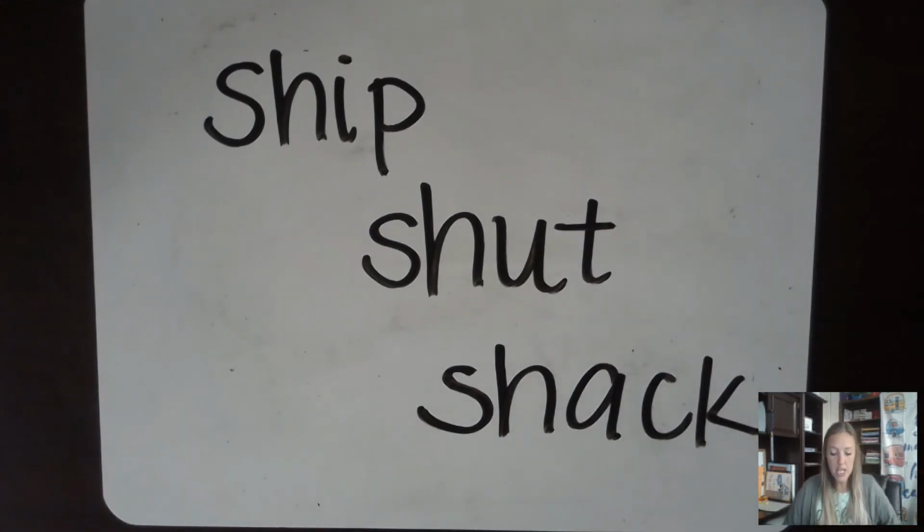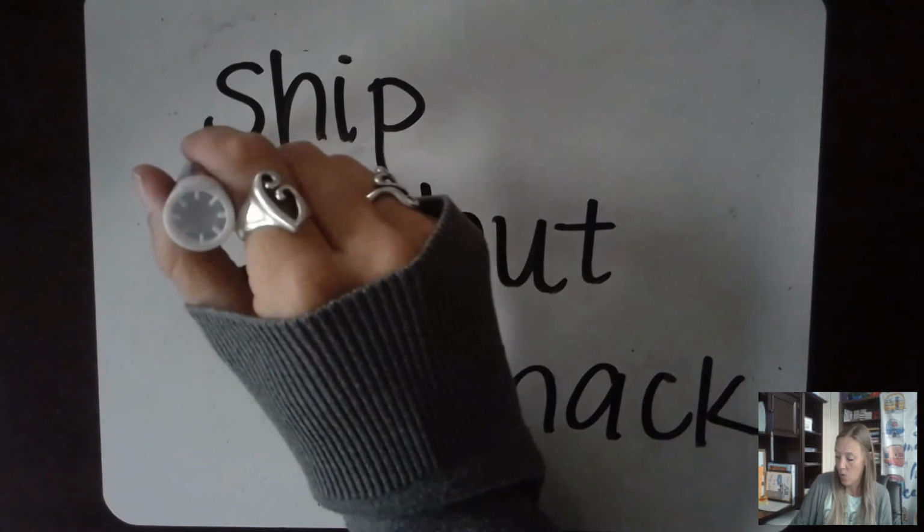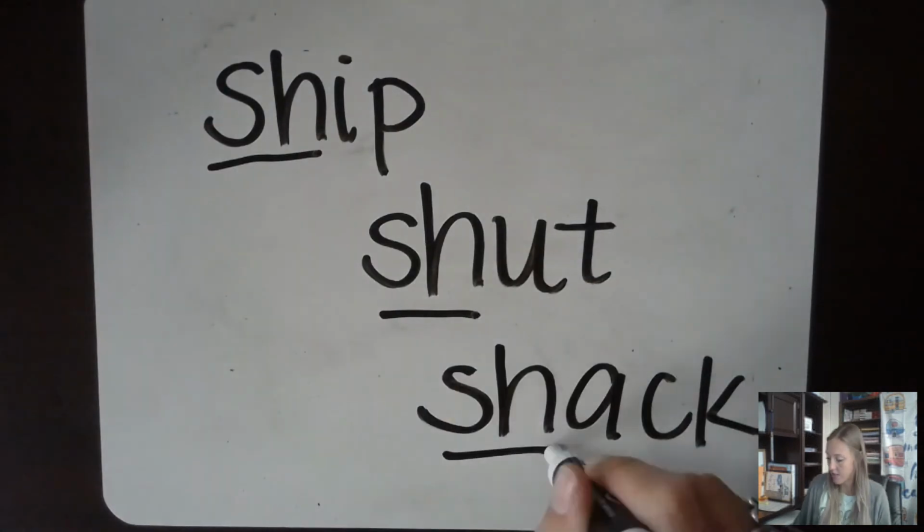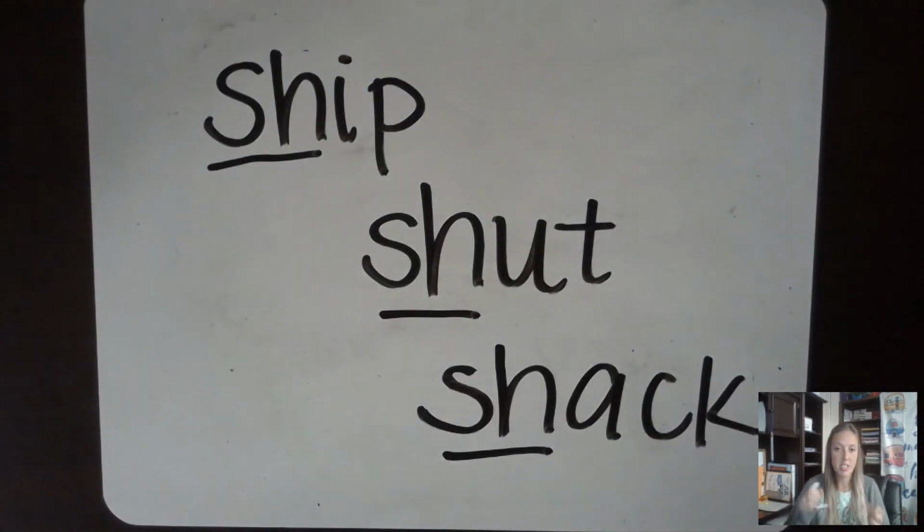What do you think is making the sh sound? SH. What is SH? It's similar to TH, CK, CH. It's a digraph. Do you think this is a consonant digraph or a vowel digraph? It is a consonant digraph. How do we know that? Because both letters are consonants.